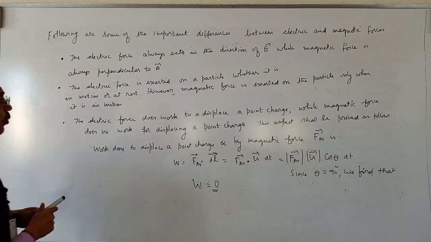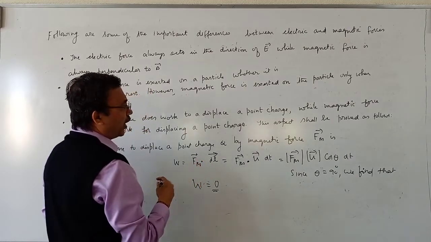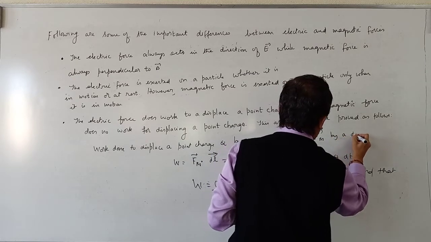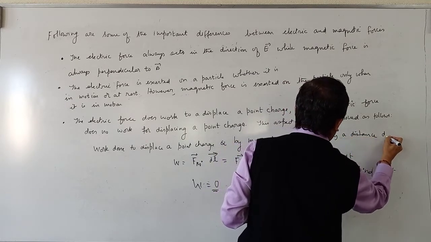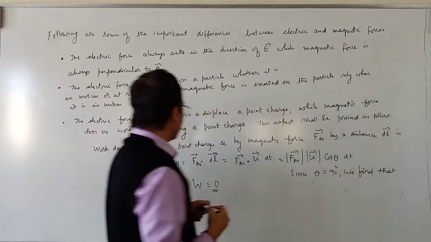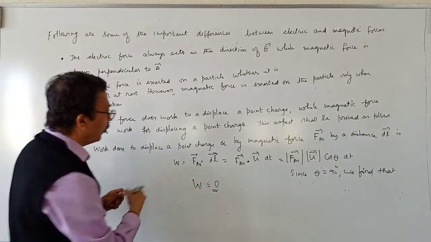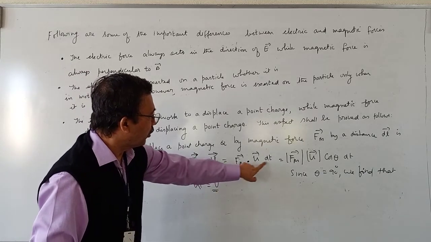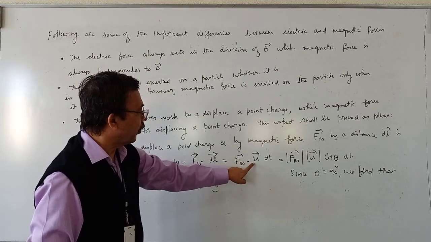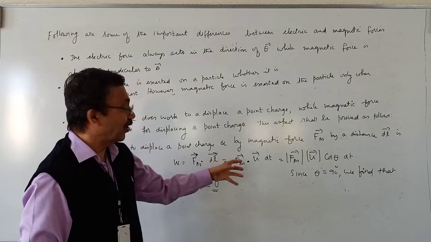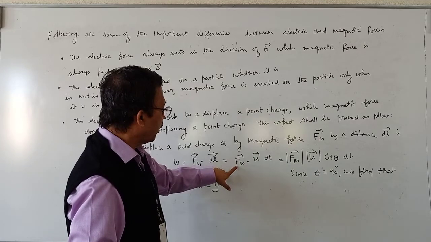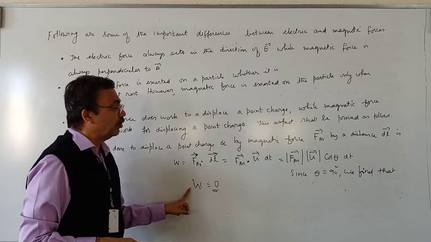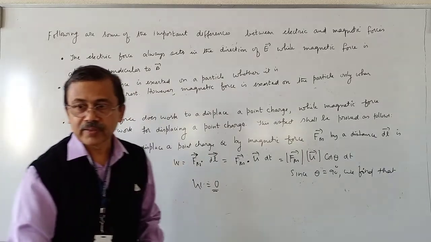Work done to displace a point charge Q by magnetic force Fm by a distance vector dl is W is equal to vector Fm dot vector dl is equal to vector Fm dot vector u dt, because vector dl is equal to vector u into dt. Distance is equal to velocity into time. Since vector Fm and vector u are at right angles, theta is 90 degrees. That implies W is equal to 0. Hence the proof. Thank you.